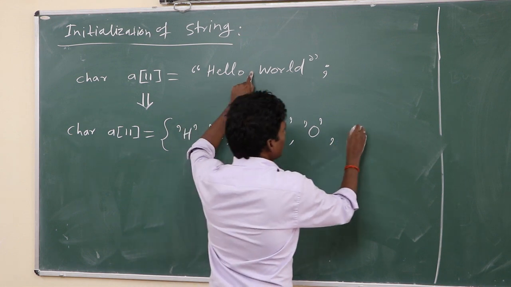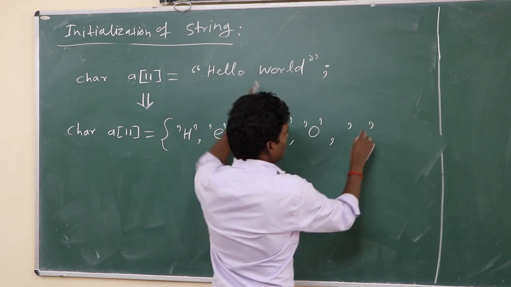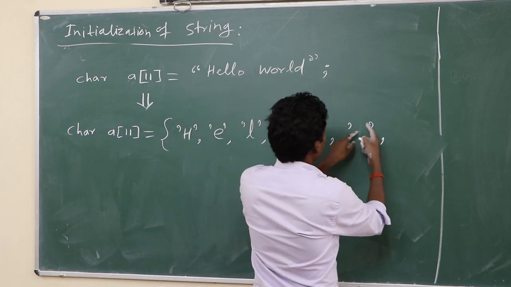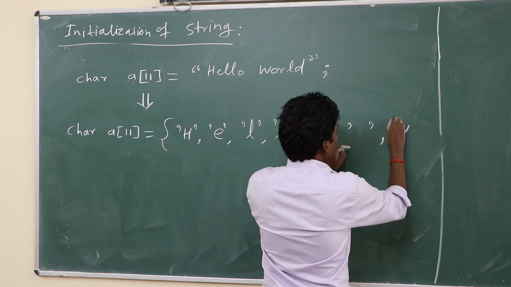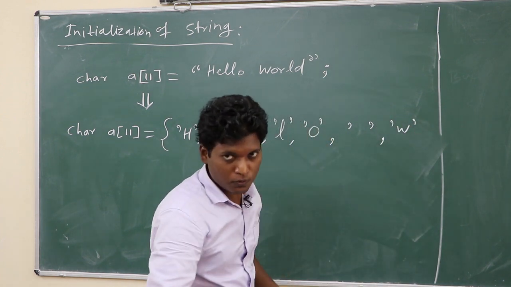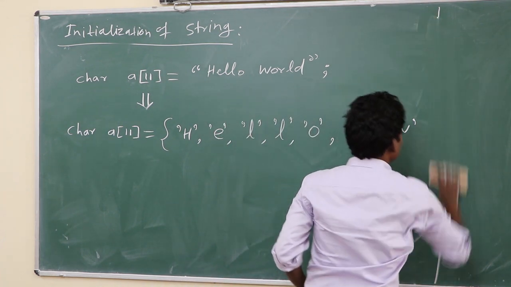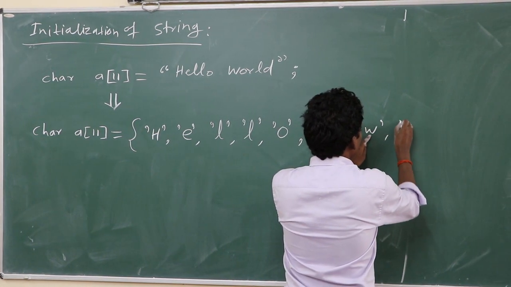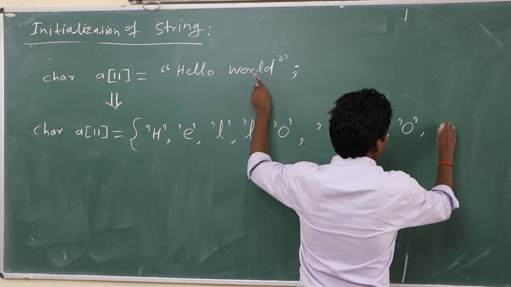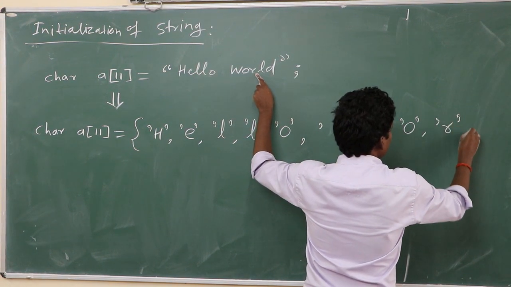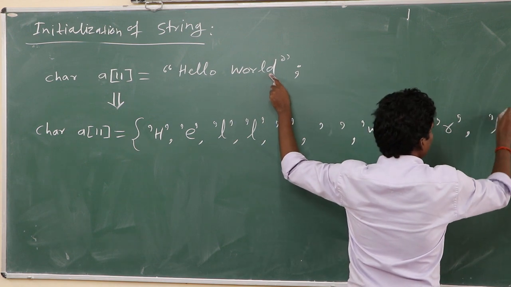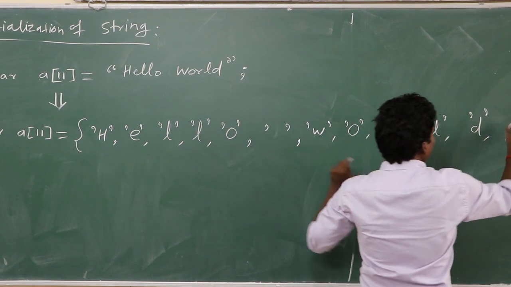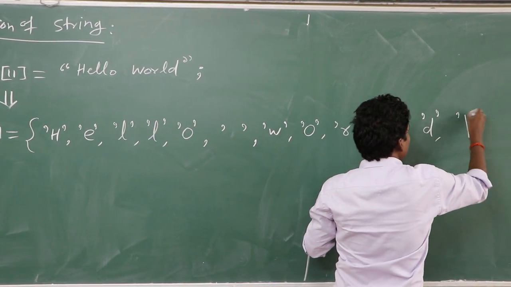There is a space here, class, so we write this. Here is a space, comma, space is also a character, so we have to write this also. Then 'W', comma, 'O', comma, 'R', comma, 'L', comma, 'D', and in last the null character.